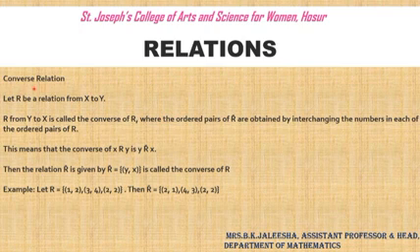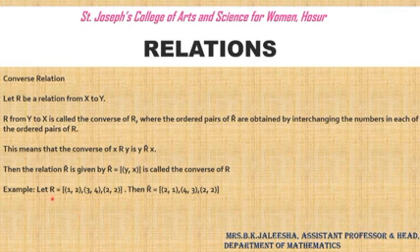Next is the converse relation. If we define a relation from x to y, then the converse relation is from y to x. It is also called an inverse relation. So the relation x R y is conversely represented as y R x. Here an example is given.